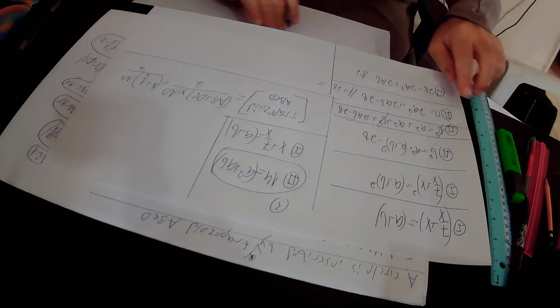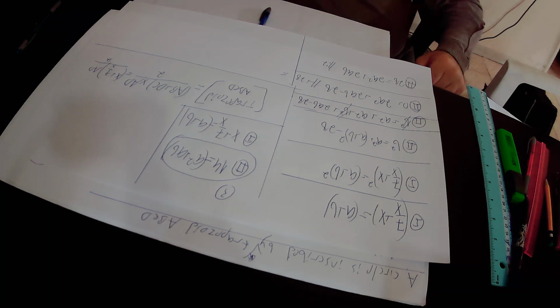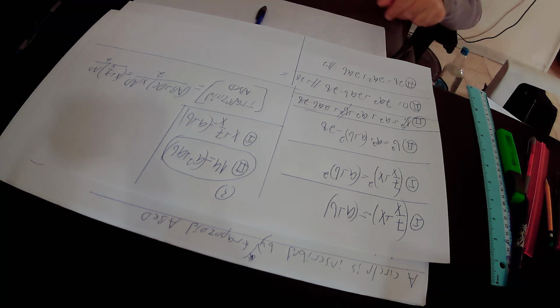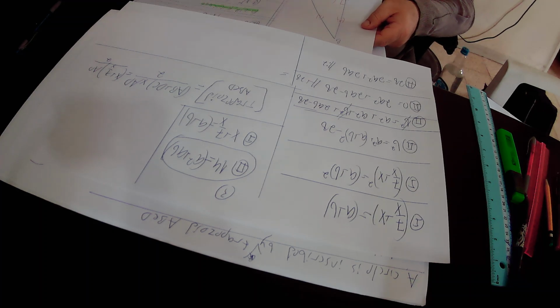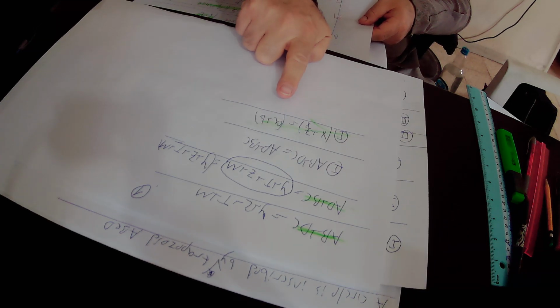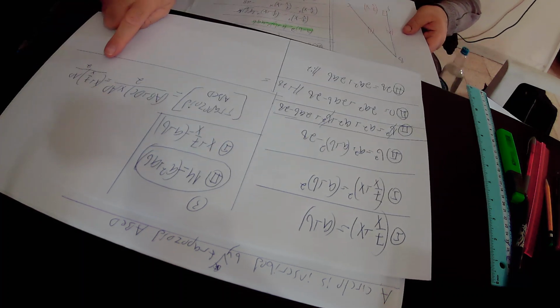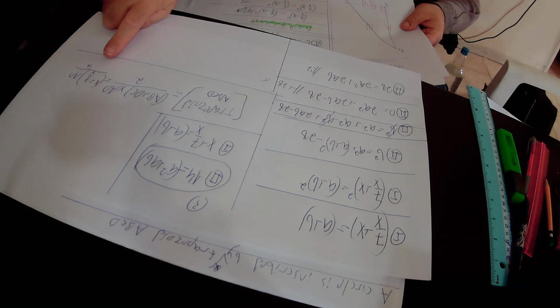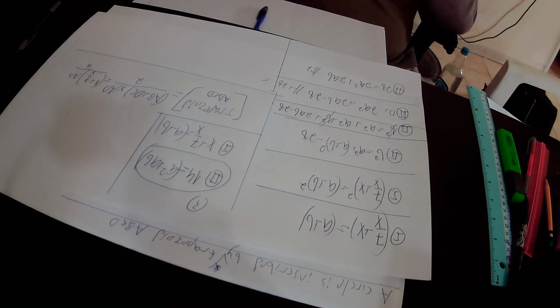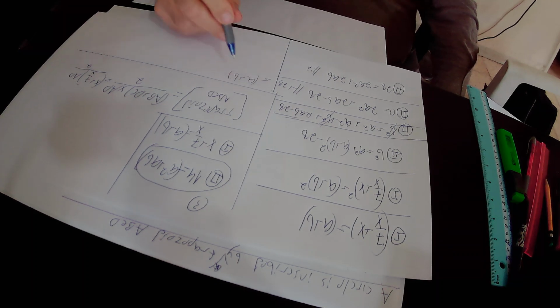But according to equation 1, X plus 7 over X equals A plus B. So we substitute X plus 7 over X in this expression by A plus B. In total, this expression equals (A plus B) times AD over 2.